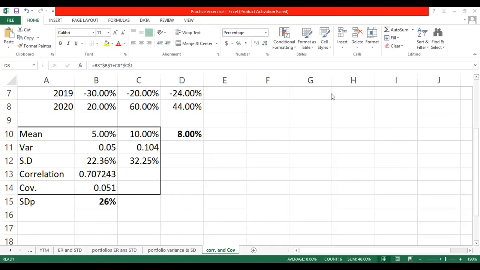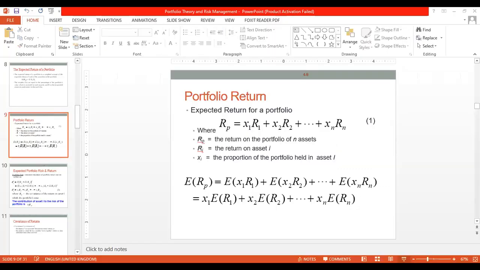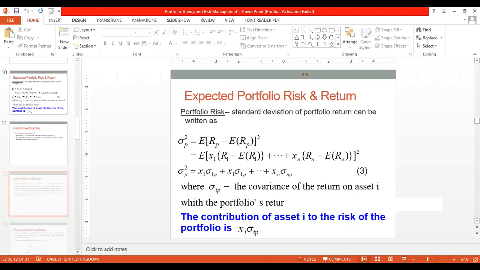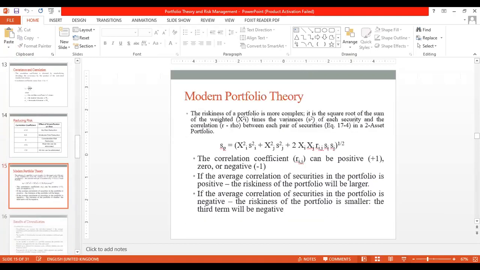Even I'll show you again. Directly we will apply this formula. So now see how I will apply that formula to calculate standard deviation of a portfolio.